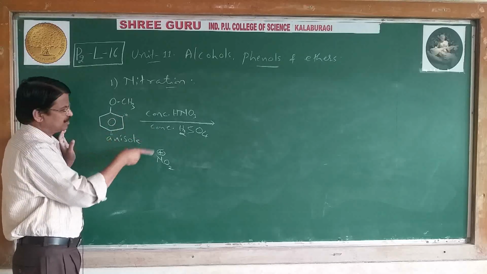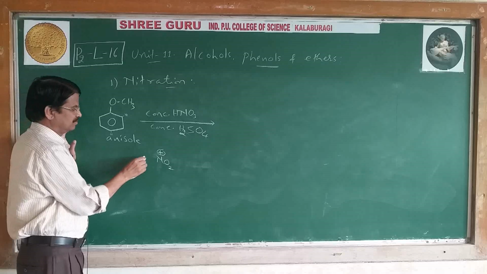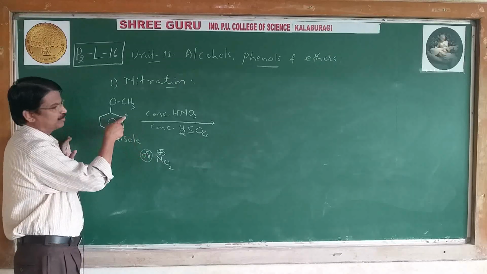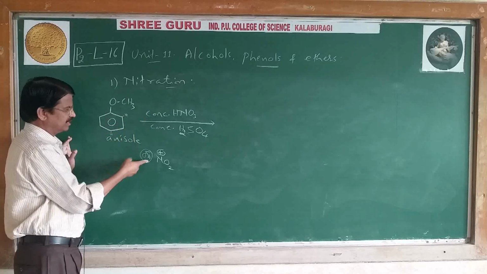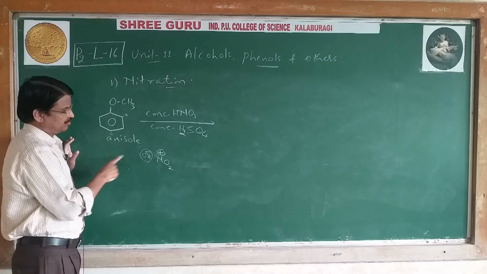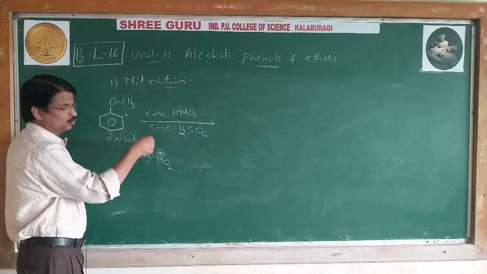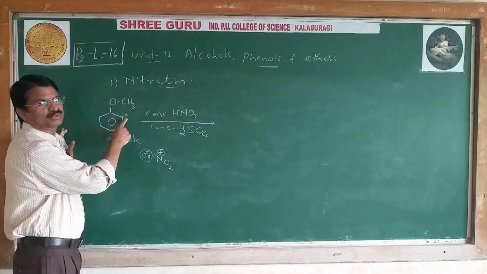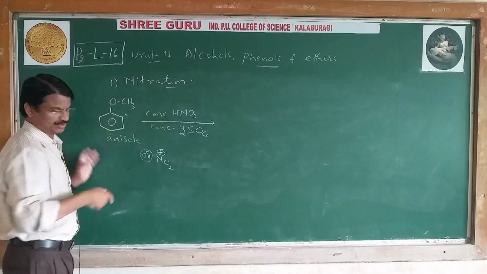H is replaced by NO2: OH negative and NO2 positive give H2O. Therefore, it actually requires 2 moles of HNO3 to give 2 compounds, ortho substituted and para substituted.